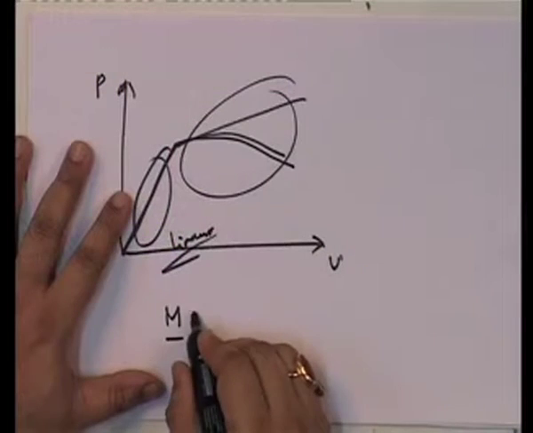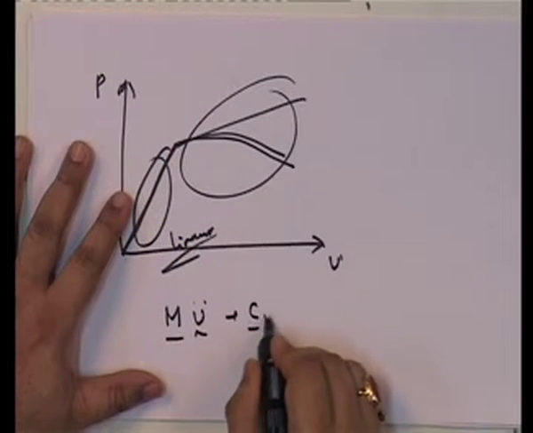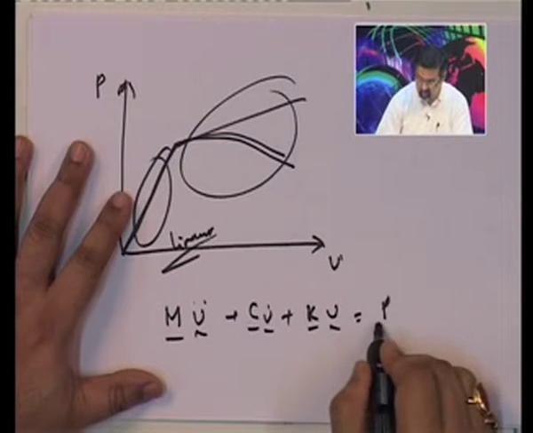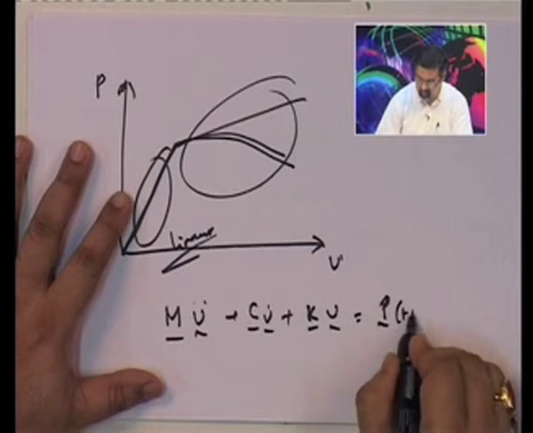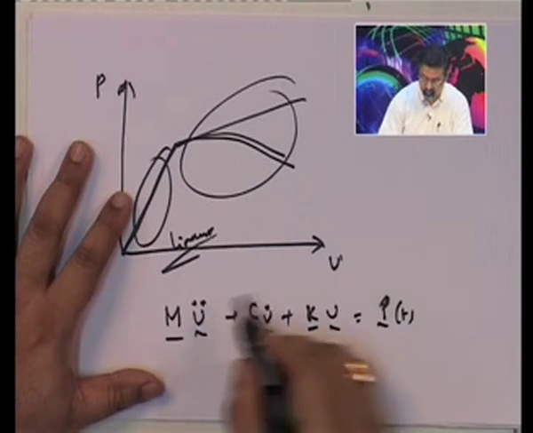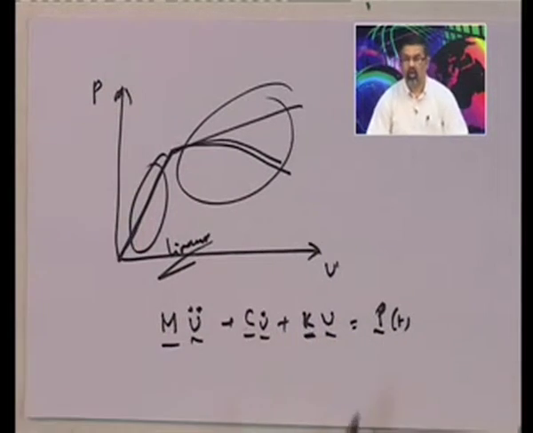Now, the question becomes that, look, even in the linear part, okay, you might as well use mode superposition. Only when you go nonlinear do you need to use direct methods, where direct methods are based on M v double dot plus C v dot plus K v is equal to P. Okay.